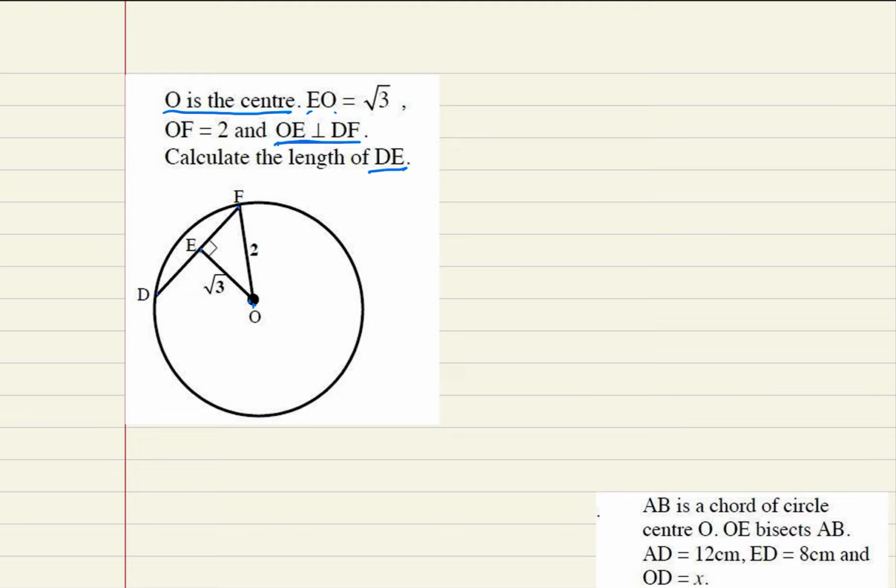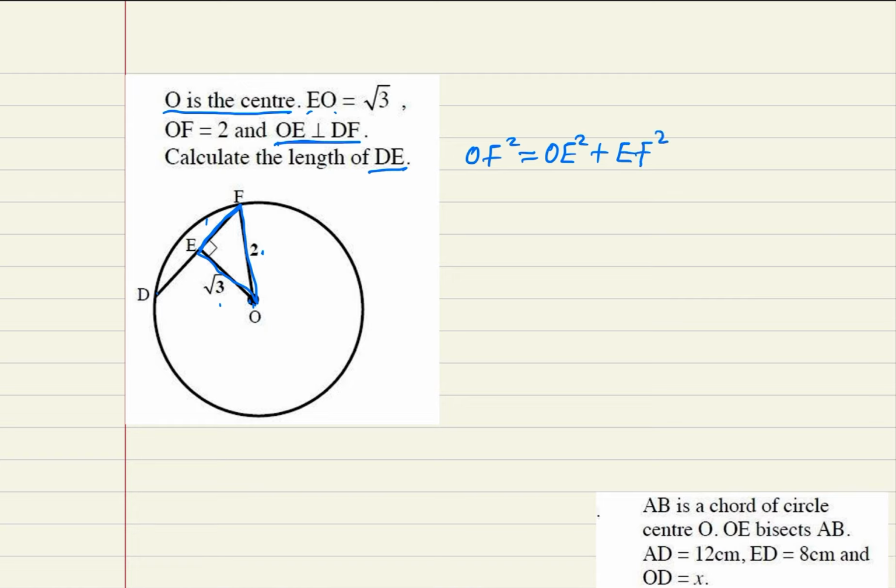That means step number one, what do we need to do here? Remember, this one is now a right angle triangle. I have two sides, this one and this one. I'm looking for this one first. So that means I start on Pythagoras theorem. Let me write it correctly. I will say OF squared is equal to OE squared plus EF squared.